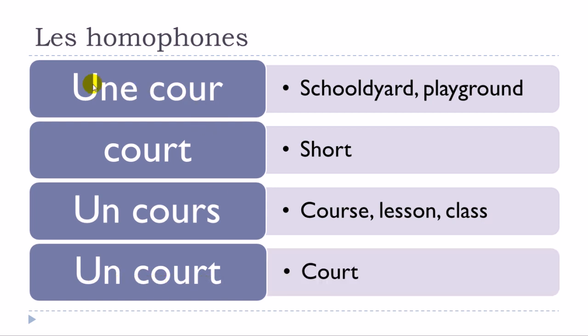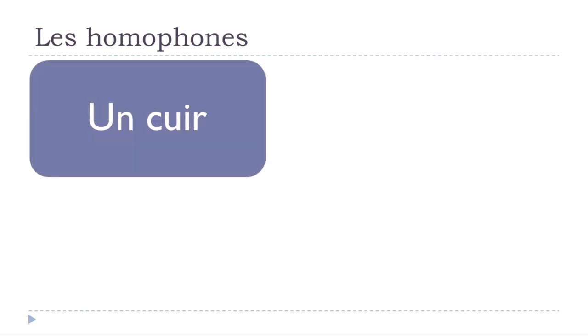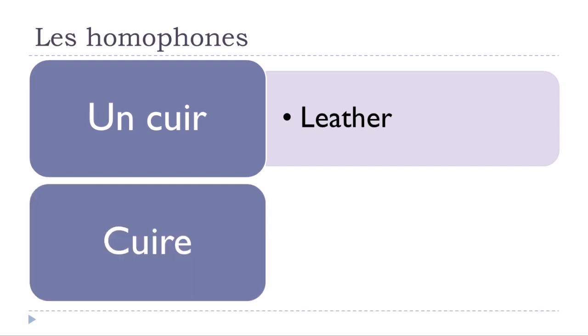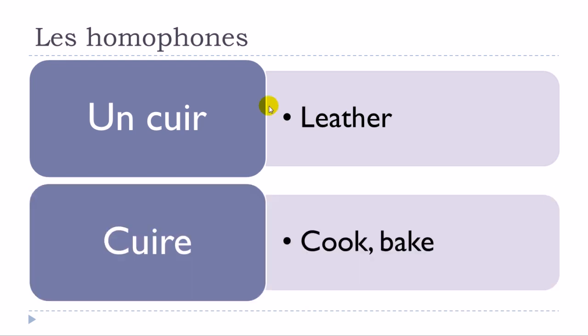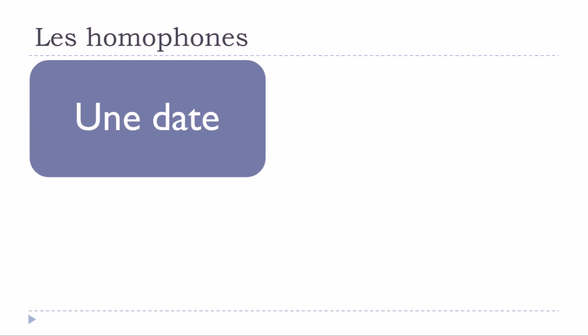Alright, so you can see that here you get the feminine, une cour, then you get the adjective court, un cours. Un cuir. And the verb cuire. Okay, so un cuir and then cuire. Une date.